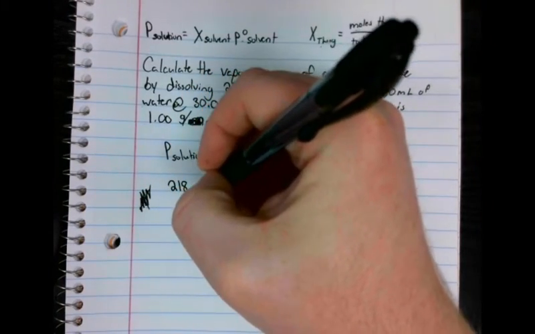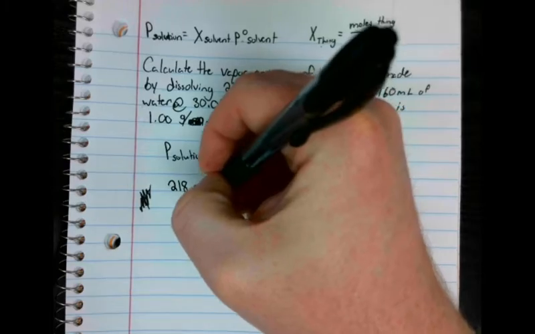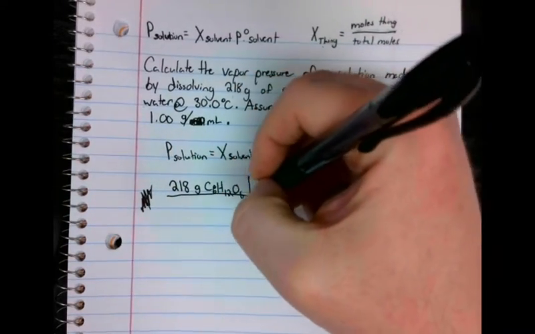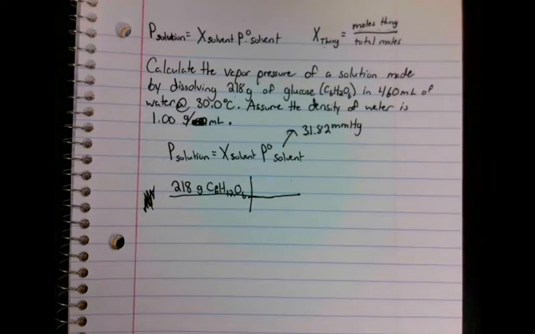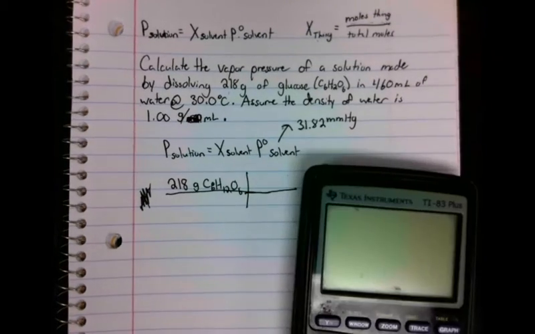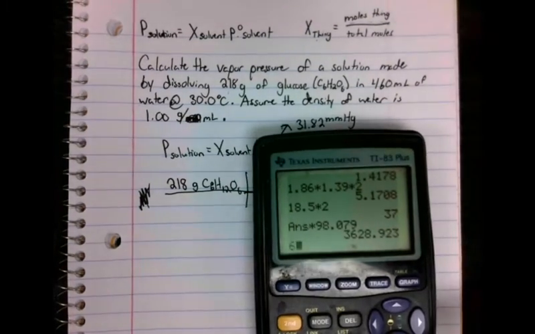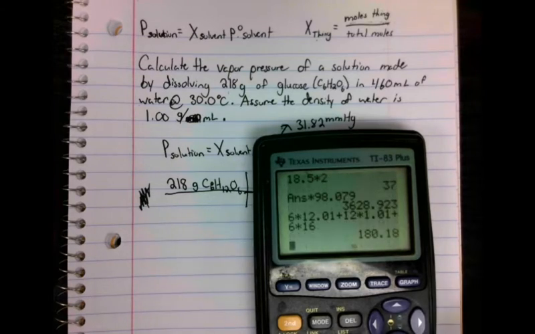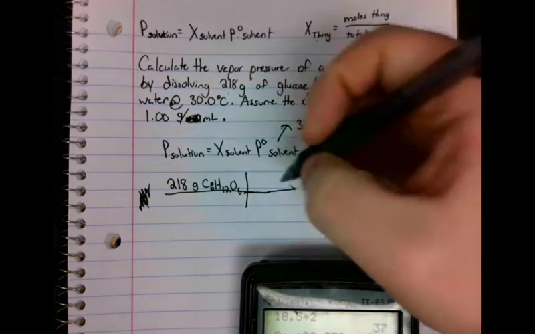We have 218 grams of C6H12O6. I already have those pieces memorized. So we can do 6 times 12.01, that's C. That's 12 times 1.01, that's H. And then plus 6 times 16. And that'll give us 180.18.